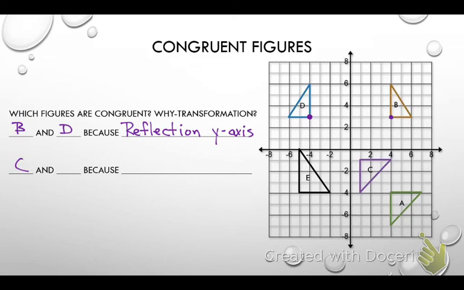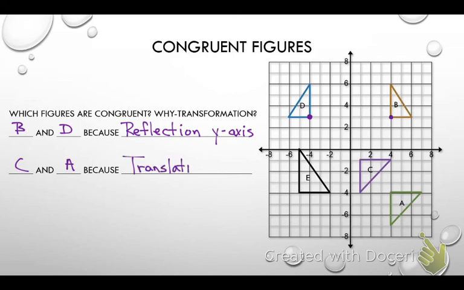All right, now the other set is C and A. Why are C and A congruent? Well, I can tell they're both 3 units wide and 3 units high. So I can tell by their size, counting the units, that they are congruent. Now I have to identify what kind of transformation. It is a translation.